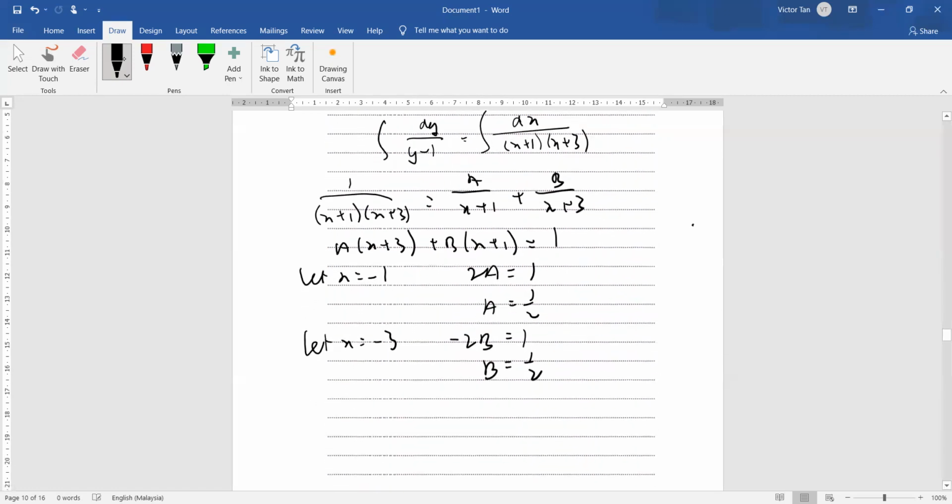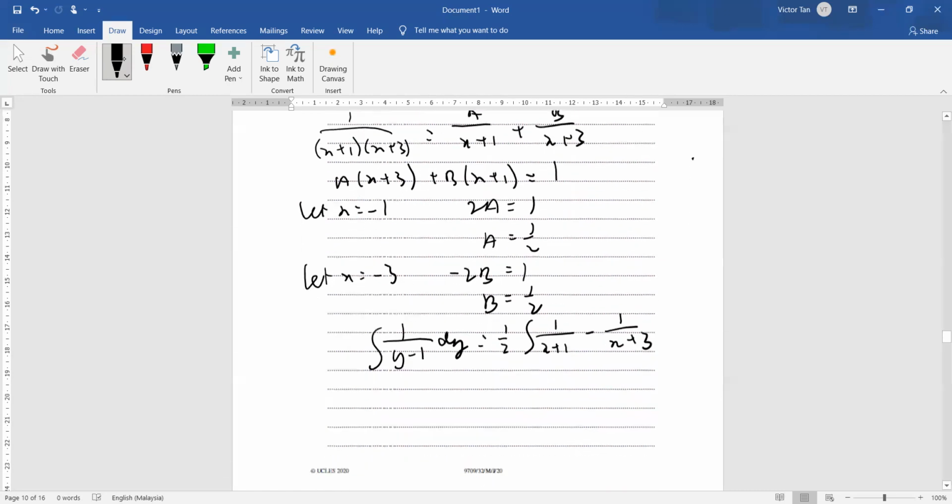I'm going to write it out again in a form which is easier to see. I've got to write smaller, or else I don't have any space. Half, 1 over x plus 1 minus 1 over x plus 3.